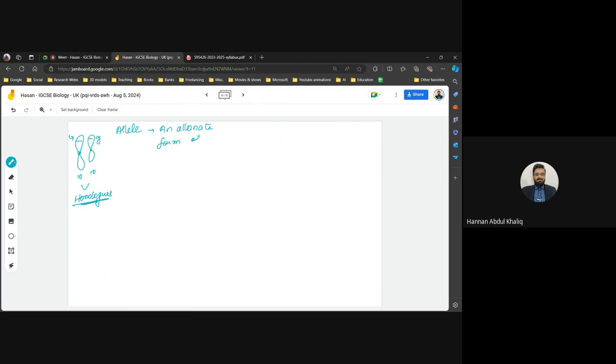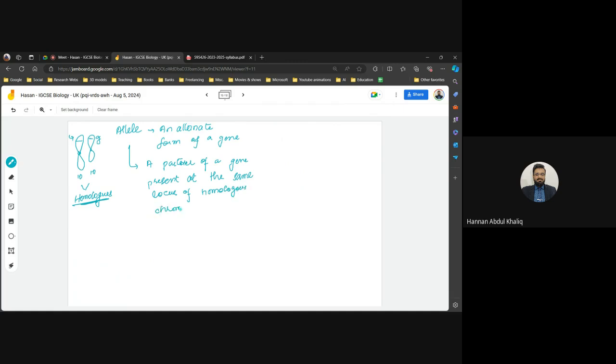Form of a gene. Similarly, I can also write the definition of allele as a partner of a gene present at the same locus of homologous chromosome.